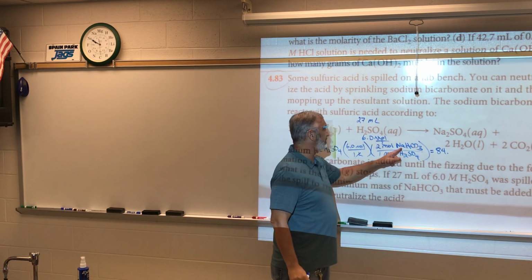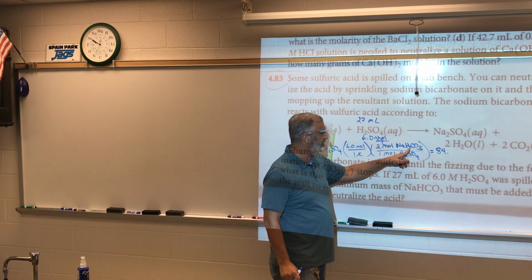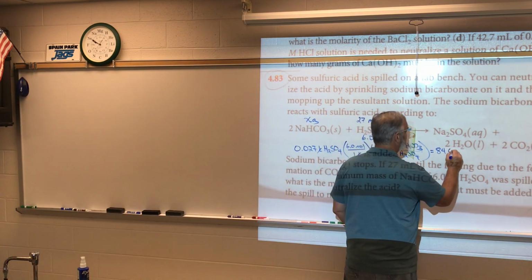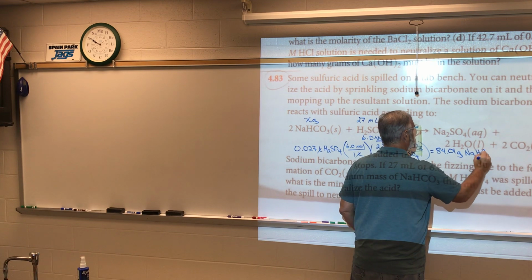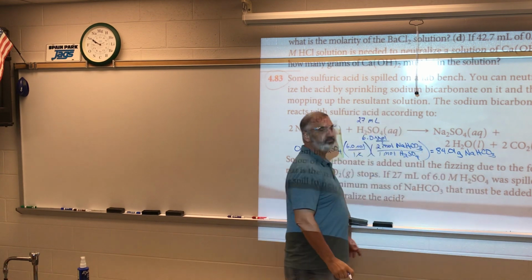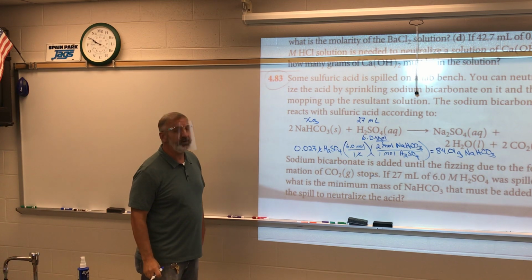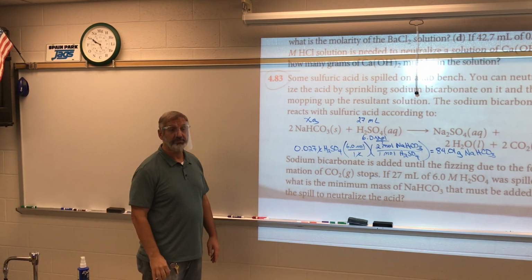And this is 23.99, so it should come out to 84.01. So you would need 84 grams of sodium bicarbonate to neutralize 27 milliliters of 6 molar H2SO4 that got spilled.